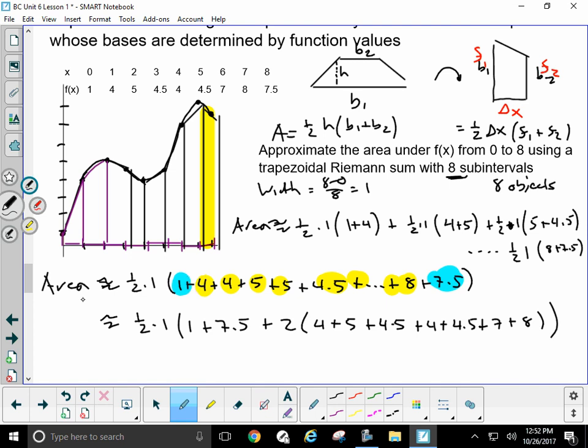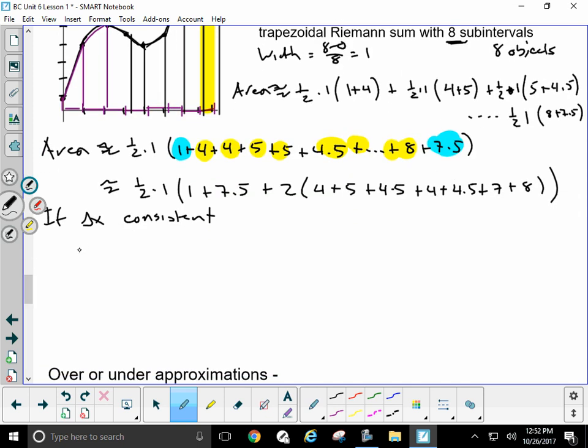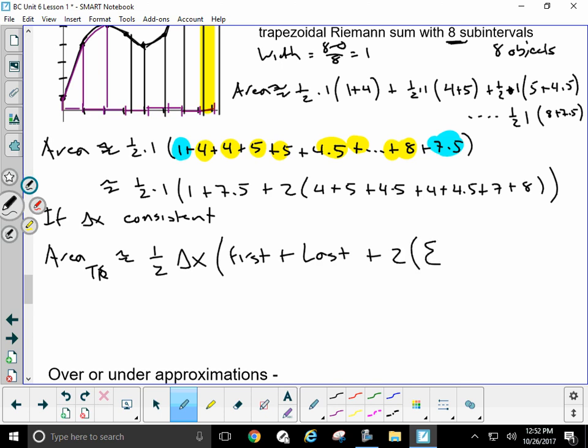Now, what is that again? If delta x is consistent, your area using a trapezoidal Riemann sum is 1/2 your delta x, your first height plus your last height, plus double the sum of your middle.